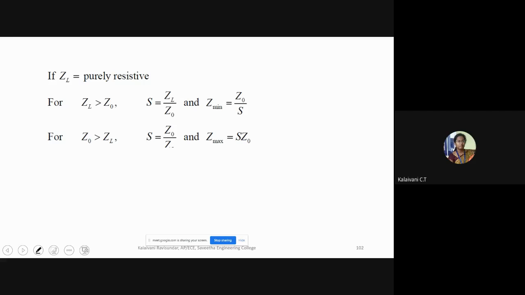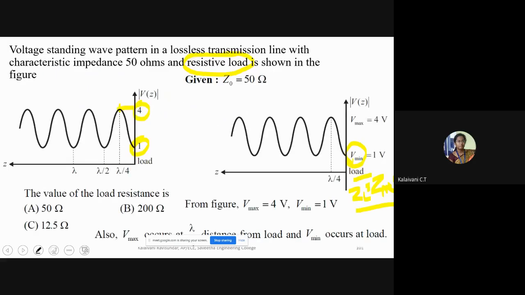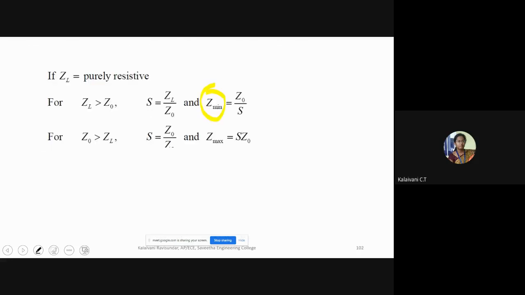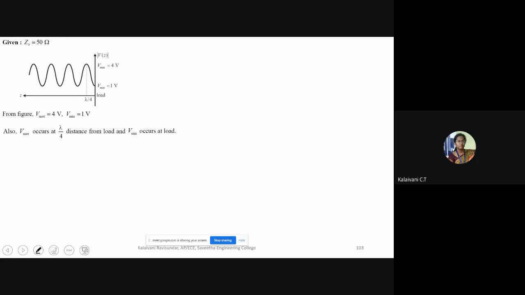Since it is given with respect to voltage minimum at the load point, in the question the characteristic impedance is 50 ohms. So Z0 is given. If we find the S value, we can substitute. I have noted down all the given parameters.